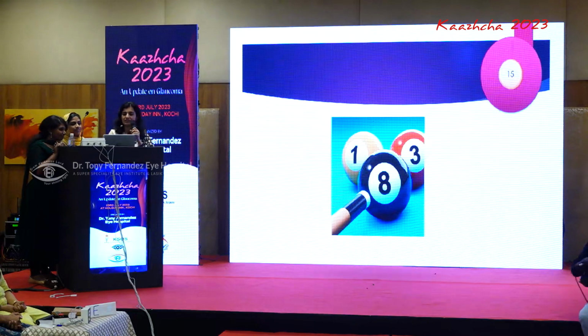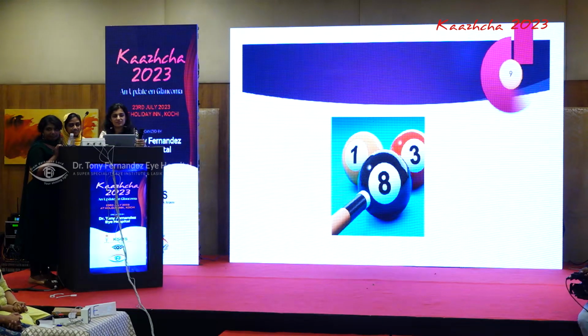Team C. This is 8-ball hyphema. What is the black color in 8-ball hyphema suggestive of?